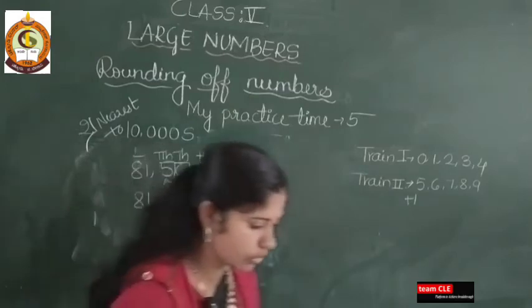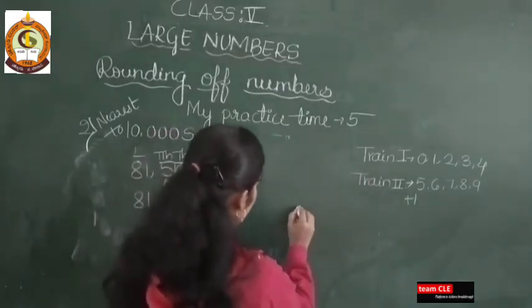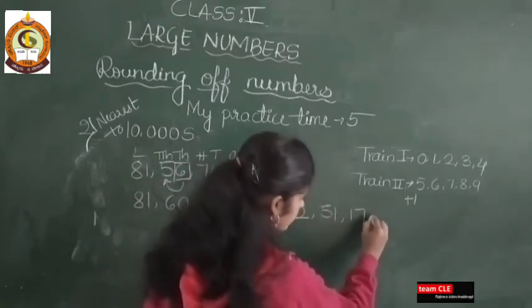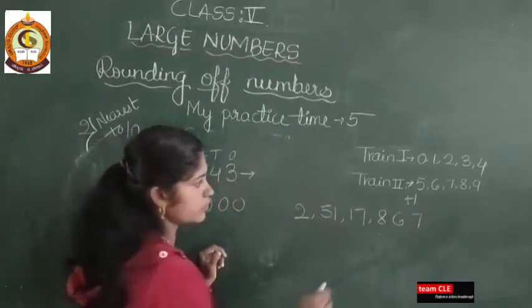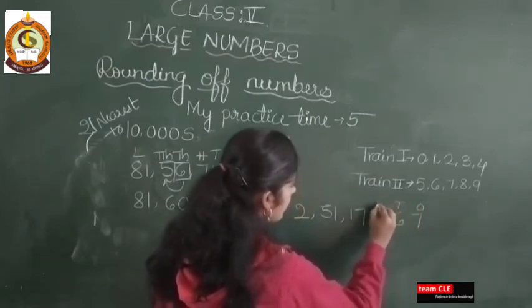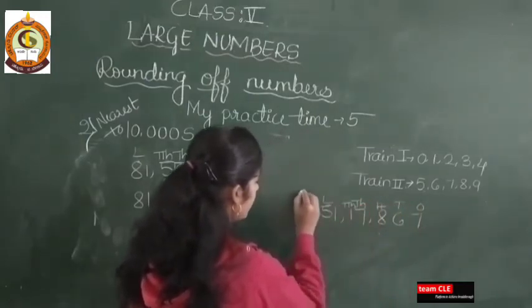Next you take one more example, 2 crore 51 lakh 17,867, and it is nearest to 10,000s. Ones, tens, hundreds, thousand, 10,000, lakh, 10 lakh.